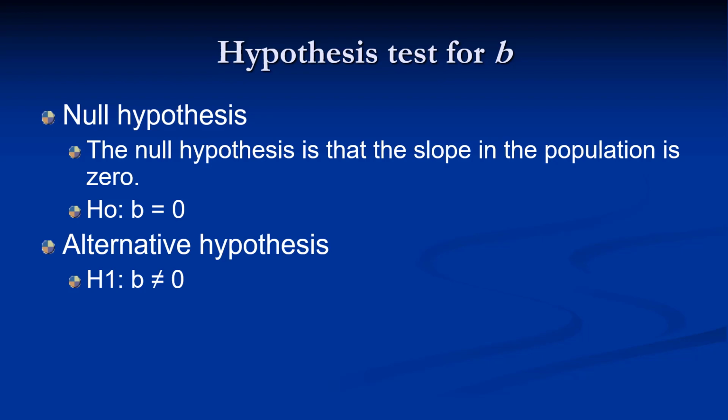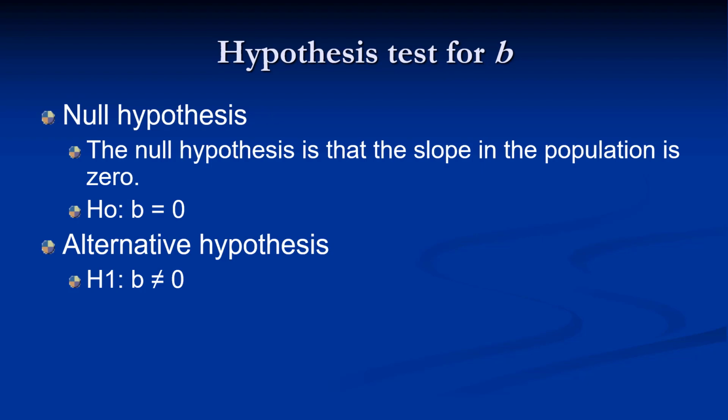Now, referring to the table of t distribution with n minus 2, which is 21 minus 2, which is 19 degrees of freedom, the p-value is 0.01 less than p less than 0.02.